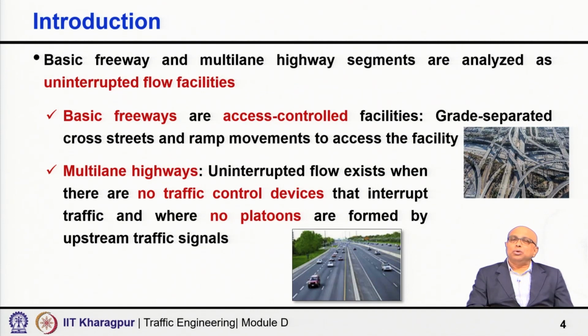Multi-lane highways can also be considered, at least those segments, as uninterrupted flow facilities, where there are no traffic control devices that interrupt traffic externally and where no platoons are formed by upstream traffic signals. Basically, these are long mid-block sections of multi-lane highways away from signalized intersections, which may occasionally occur on multi-lane highways.